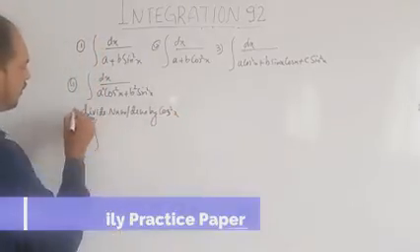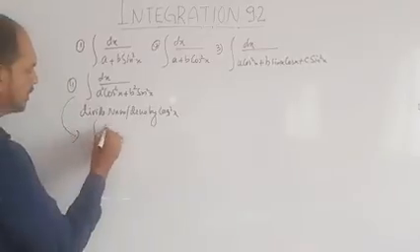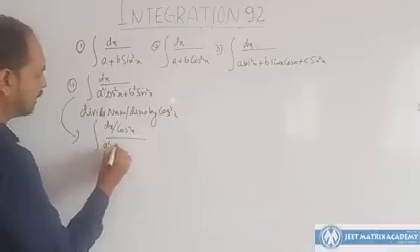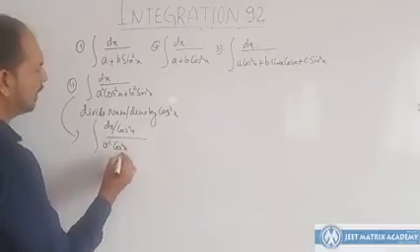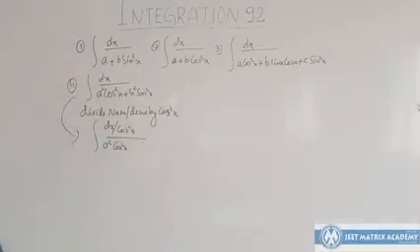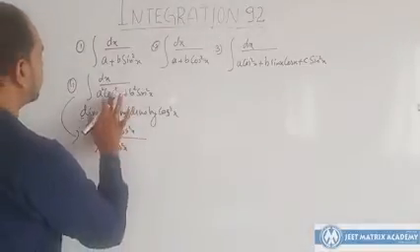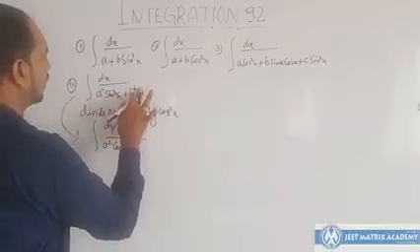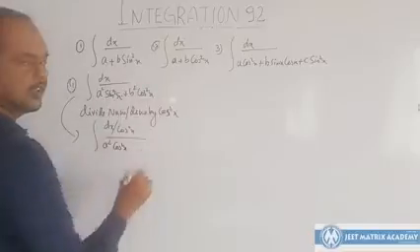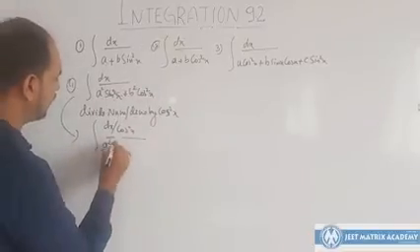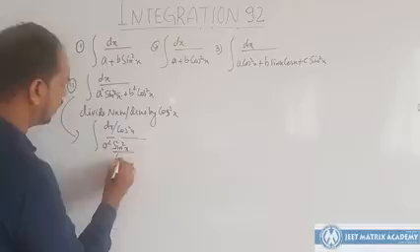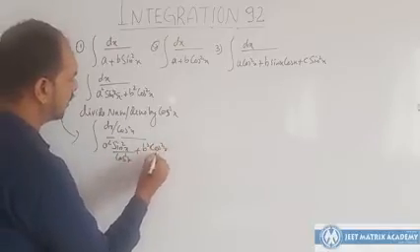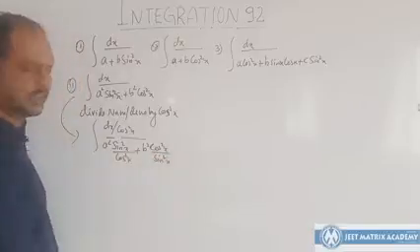So my problem becomes dx divided by cos square x, divided by a square cos square x by cos square x, plus b square sin square x by cos square x.